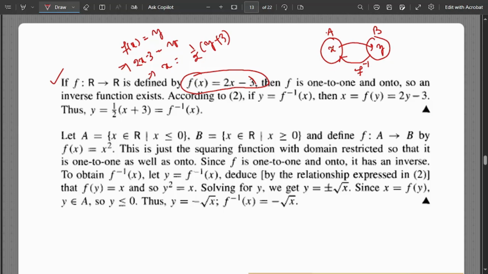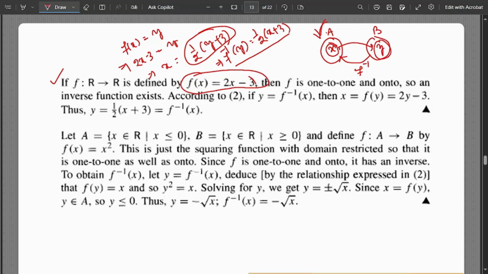Because the f inverse function takes this y and finds a value x, this x will be f inverse of y, and the image will be 1 by 2 of y plus 3. So we write f inverse of x is 1 by 2 of x plus 3.